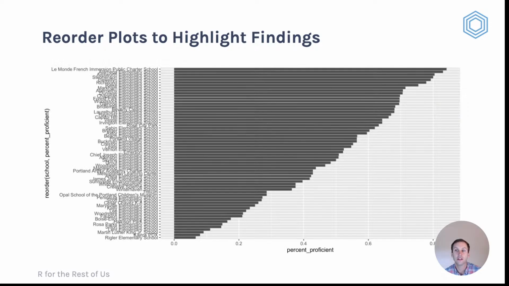So when I run this, now you can see it's ordered by % proficient. So for example, Le Mans French Immersion Public Charter School is at the top because they're the highest percentage of students at that school who are proficient in math in 3rd grade in all of Portland Public Schools, right?